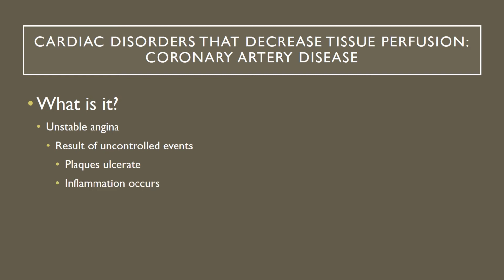And then as the sticky edges stick into the middle of the vessel, or as platelets are flowing over the ulcerated plaque, then we could get inflammation occurring. But really, what's going to happen is platelet aggregation. So these platelets, when they encounter rough surfaces, begin to stick to them.